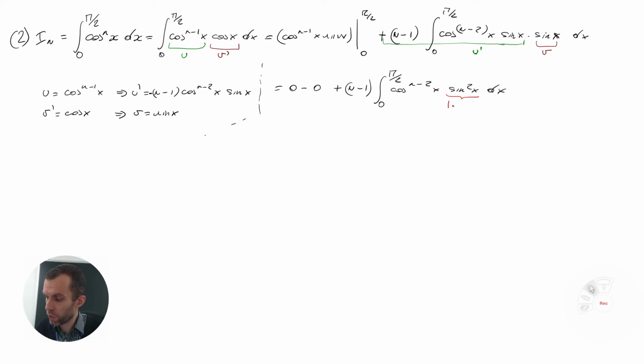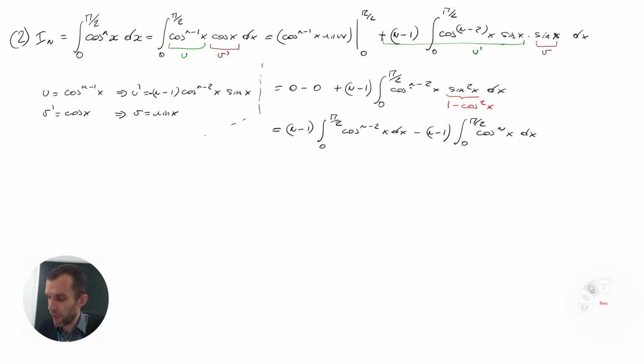So now the next step is we have that sine squared. Let's rewrite that in function of cosine again, and let's write it as 1 minus cosine squared. And so now to continue, I'll split up the integral, and I get an integral of cosine n minus 2 of x dx, minus n minus 1 times the integral to pi over 2 of cosine n of x dx.